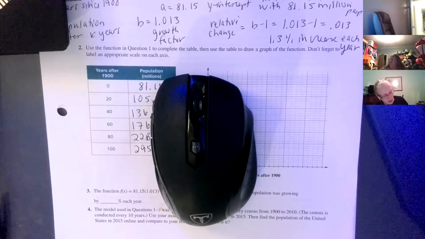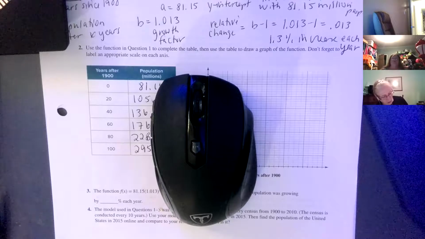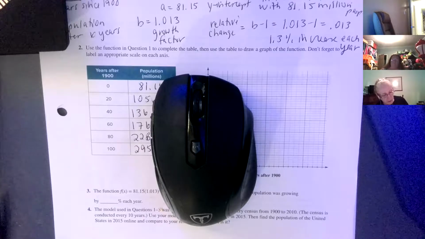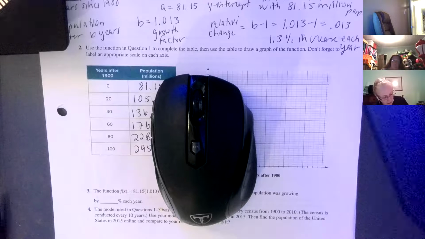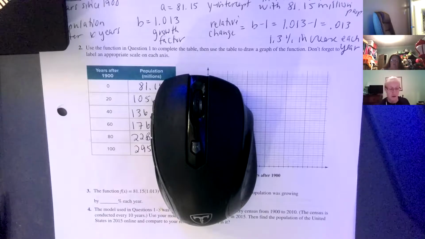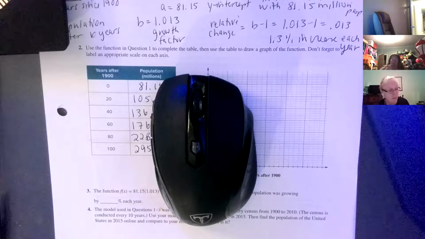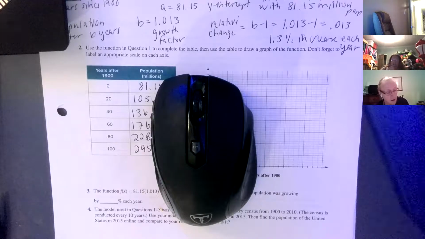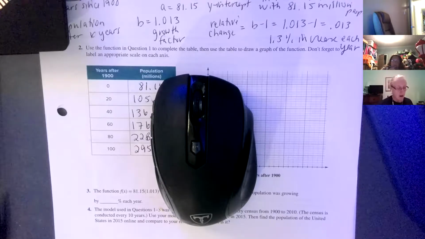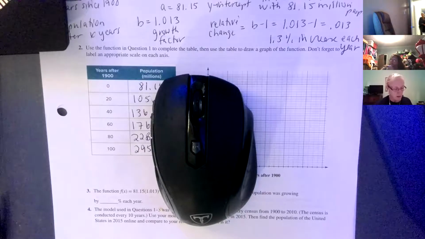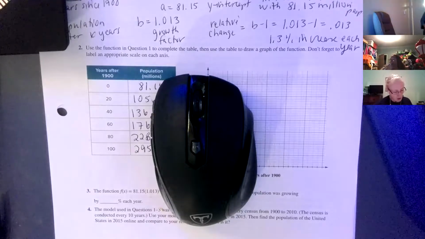Yeah, I think 3 illustrates exponential growth because it's going up, it's increasing. And the population was growing by what percentage each year? She gave us the 1.3% back on question number 1. It came out to 1.3% increase each year. But I guess we could do that by doing the relative change.